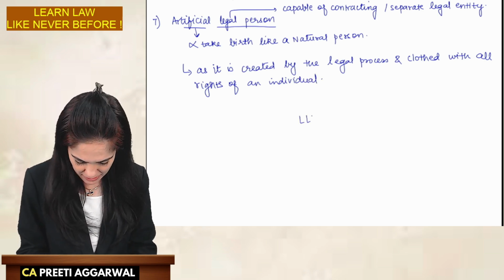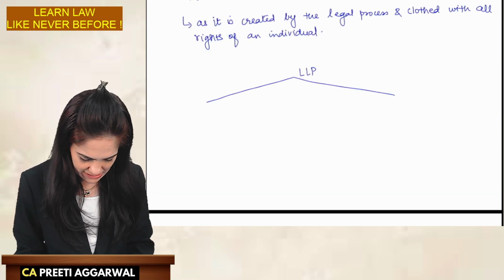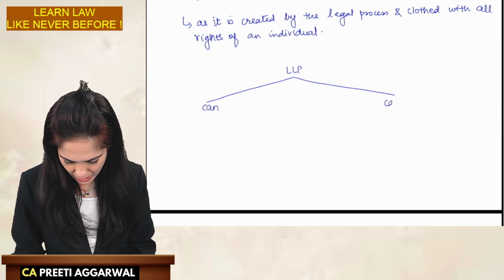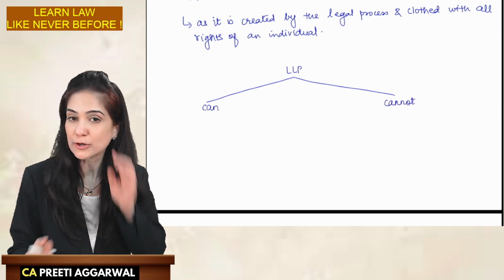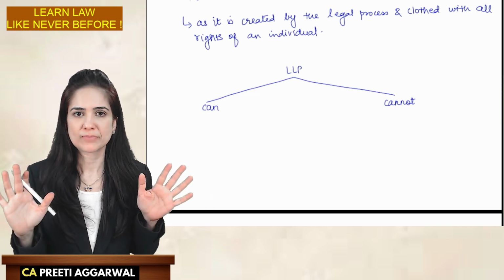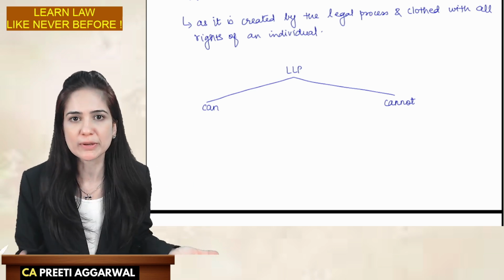So LLP can, okay? Let us divide this as to what LLP can do and what LLP cannot do. Because we recognize it as an individual, it can do all the acts like a natural person, living person like you and me.